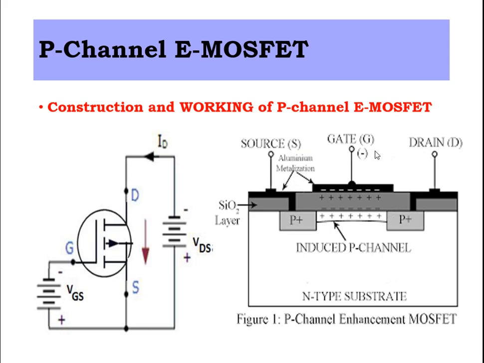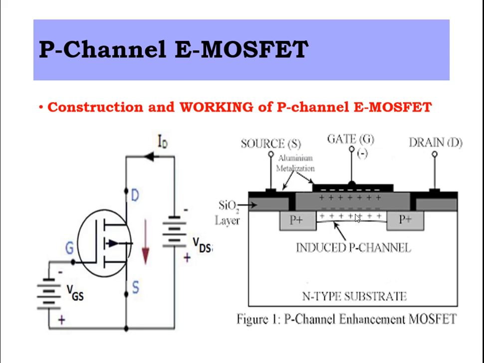We have an aluminum contact for the P plus regions, that is for the source and drain, and there is an absence of a channel between these two heavily doped P plus regions. We have a gate terminal on top of the SiO2 layer. Depending upon the gate source voltage applied, there will be a channel formation below this gate layer.